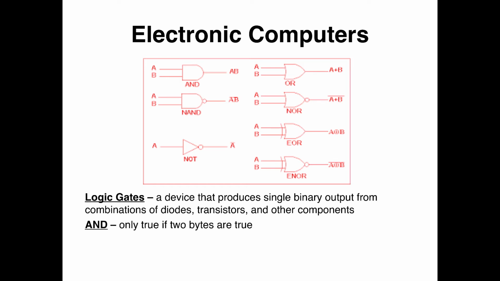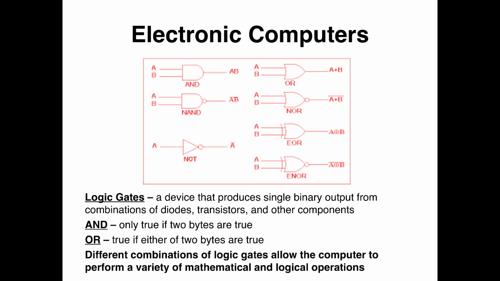So AND means that the gate fires only if two bytes are both true. They have to both be true. Or, on the other hand, will fire if either of the 2 bytes are true, and will not fire only if both bytes are false or off. So different combinations of these logic gates allow the computer to perform a variety of mathematical and logical operations.